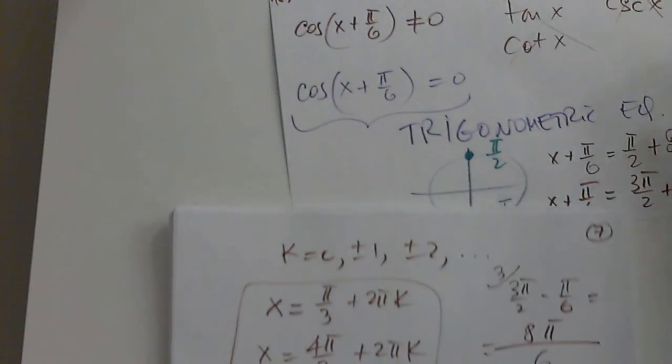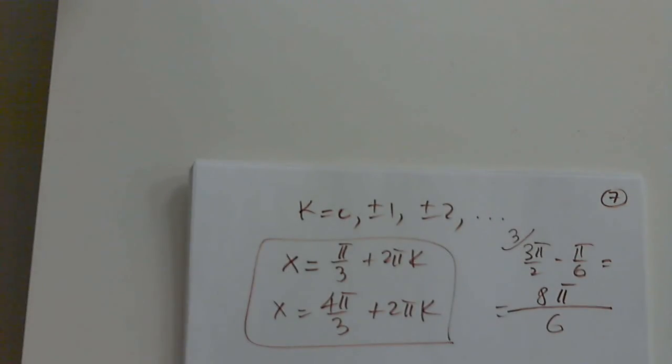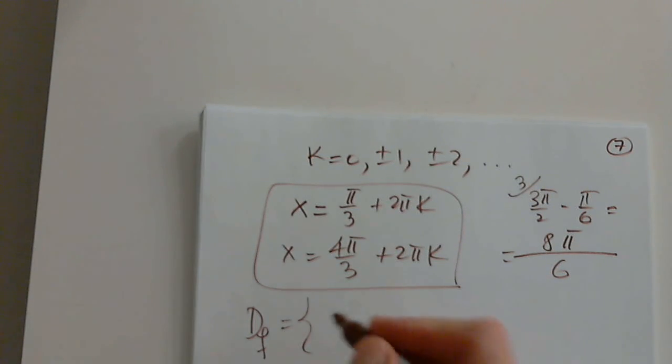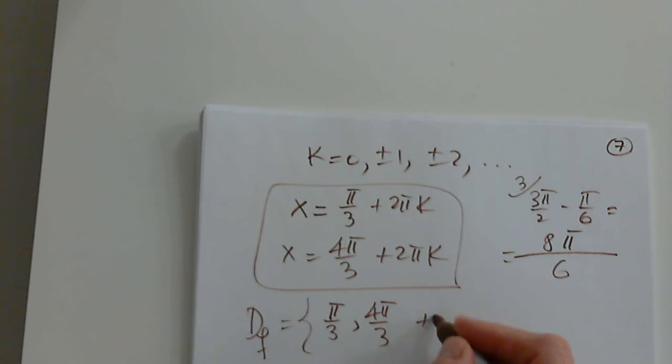So we did not write the domain yet. So I will say domain of this function f. Maybe we want to present it in set builder notation. I would write pi over 3, comma 4 pi over 3, both of them plus 2 pi k.